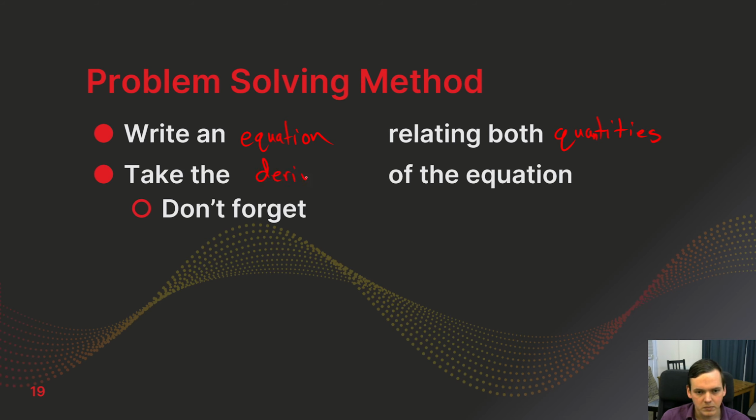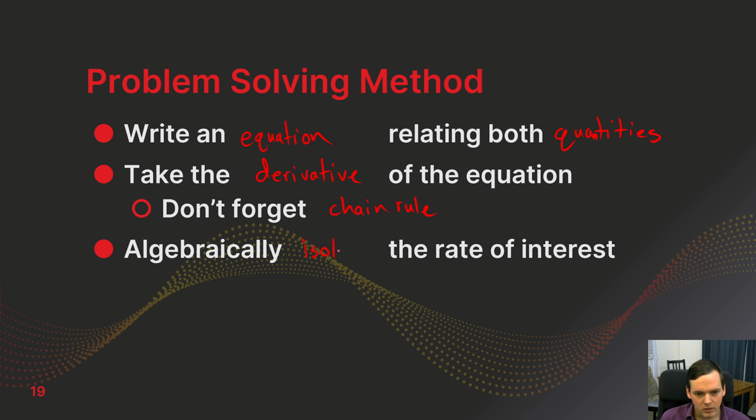Then algebraically isolate the rate of interest, whichever one you cared about. And then finally substitute in the known values. That will end up giving you an expression that tells you what the rate is that you want to find.